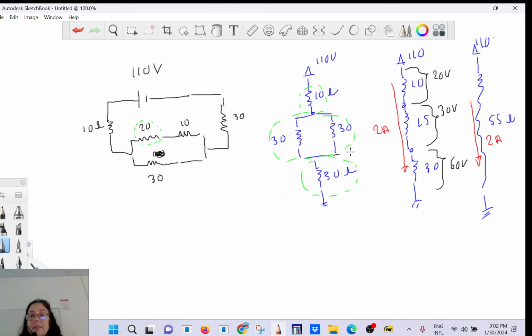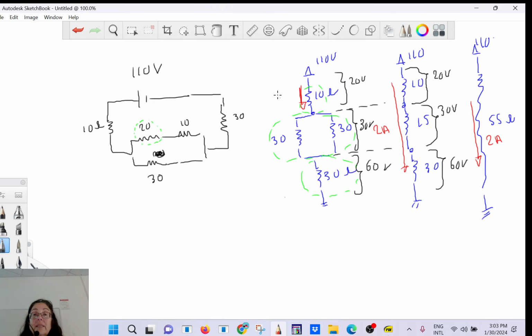So here it's going to be 60, here it's going to be 30, and here it's going to be 20. Do we have the right account? 60 plus 30 plus 20, is it 110? Yes. Okay, so it's good, because otherwise it would not be good.